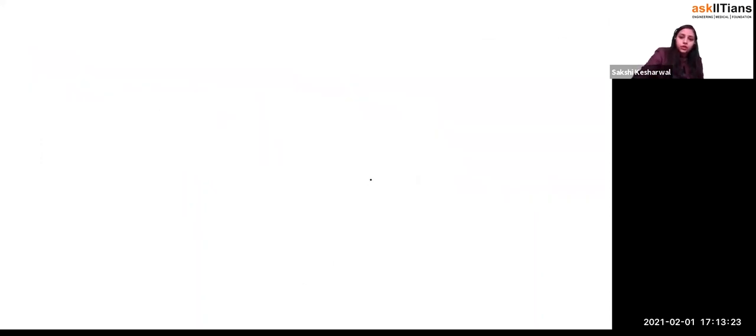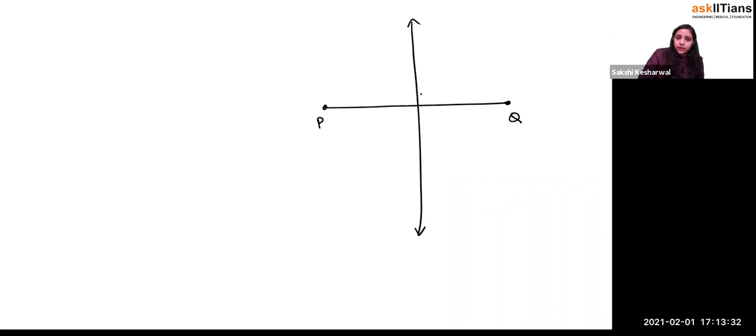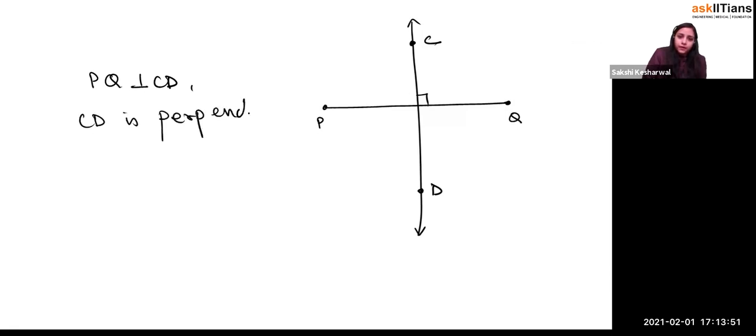But what happened here, you can see like that. Here I made a line segment like PQ, right? And I made this as a line. PQ is a line segment, and this one is perpendicular to it. And I wrote this as C and this one as D. So over here we can say that PQ is perpendicular to CD, and here CD is the perpendicular bisector of PQ, because it's bisecting.